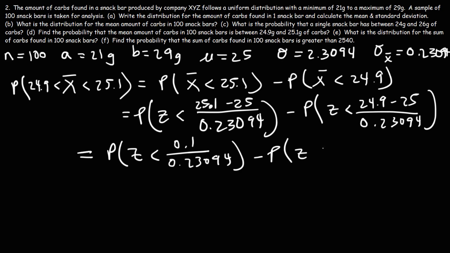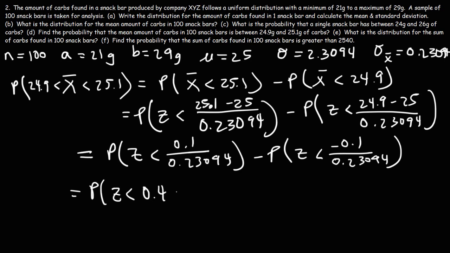And 24.9 minus 25, that's negative 0.1. Now, 0.1 divided by 0.23094, that is 0.43. Negative 0.1 divided by the same number is going to be negative 0.43.